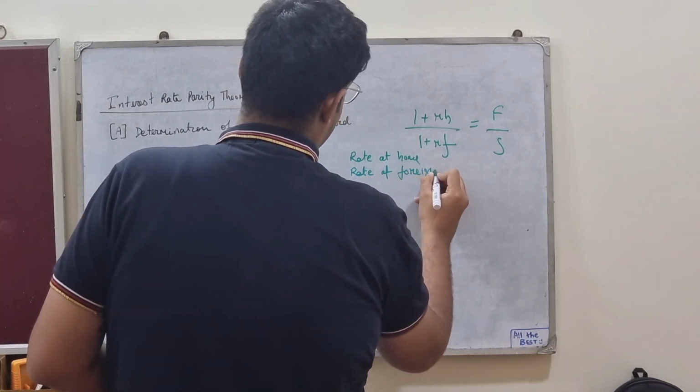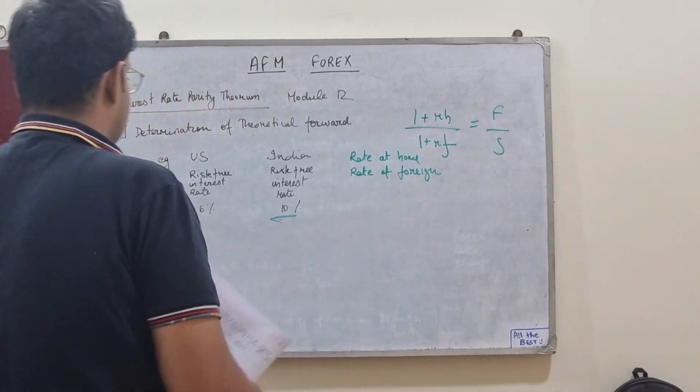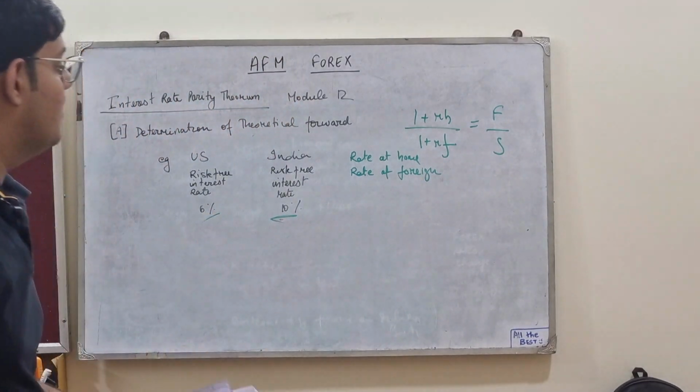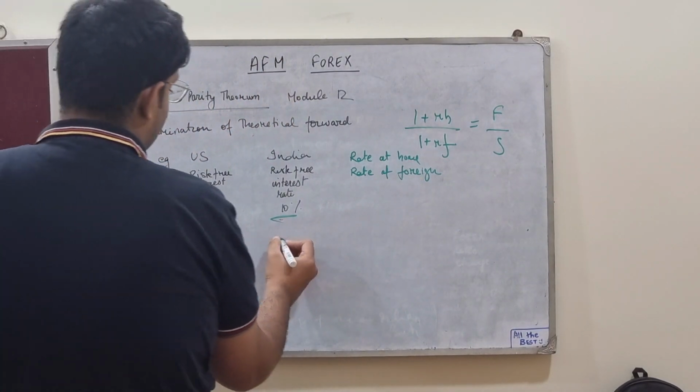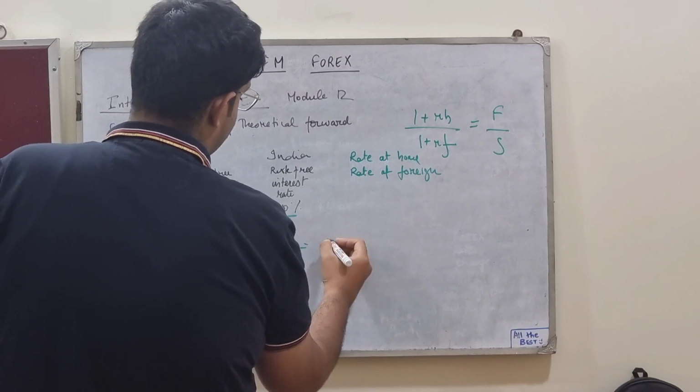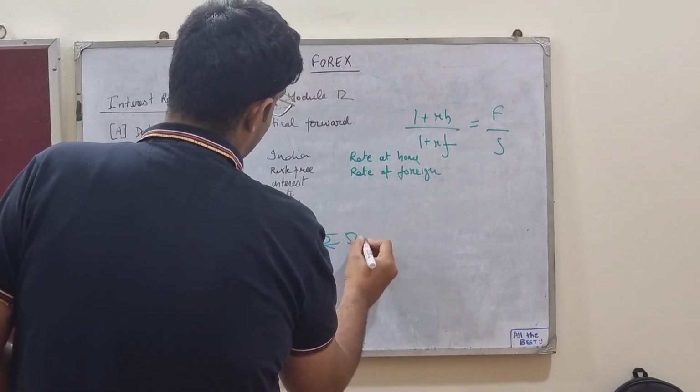These are not the exact definitions, this is how I remember it. How to figure that out? The quote that we were given was $1 is equal to 50 rupees.